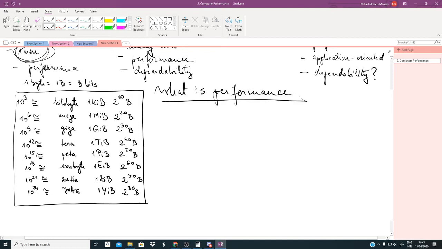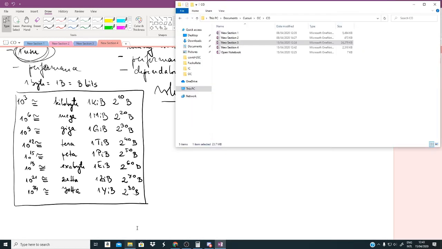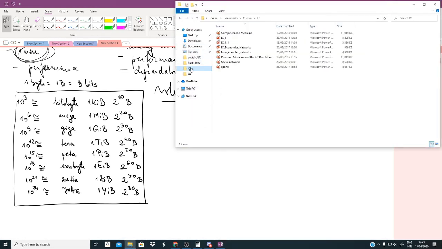Performance is maybe not the same thing all the time, and I'll give you an example. I think I have something in one slide, and I have a nice picture for you, and I'm going to show you.